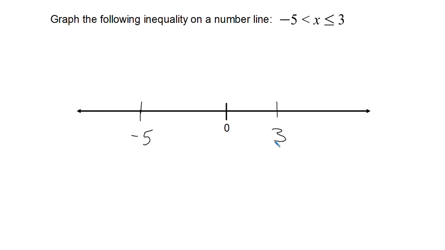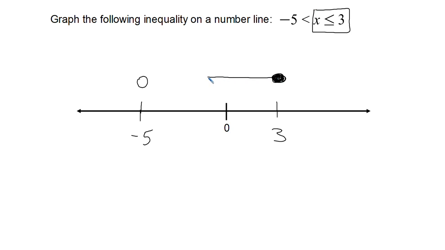And at the -5, I should have an open circle because it's just a less than sign, not or equal to. And at 3, I should have a filled in circle because it's or equal to on that one. It's got the little line underneath. But now we have to determine where these lines off of these endpoints actually go. Well, if I have just this piece that I'm looking at, x is less than or equal to 3.